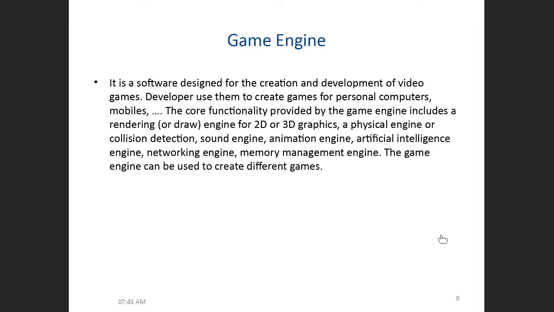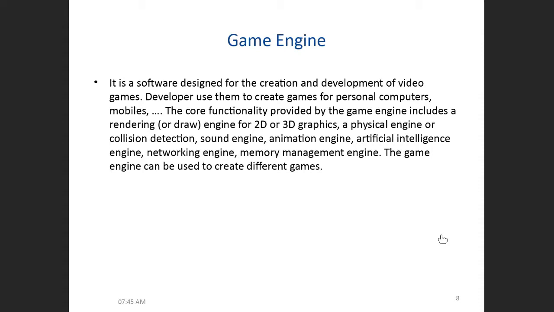Although you can develop some augmented reality software with some game engines, like in Unity you can have augmented reality and some training software, for training and education. It's possible. Developers use them to create games for personal computers, mobiles and other devices, and consoles. What are the consoles?